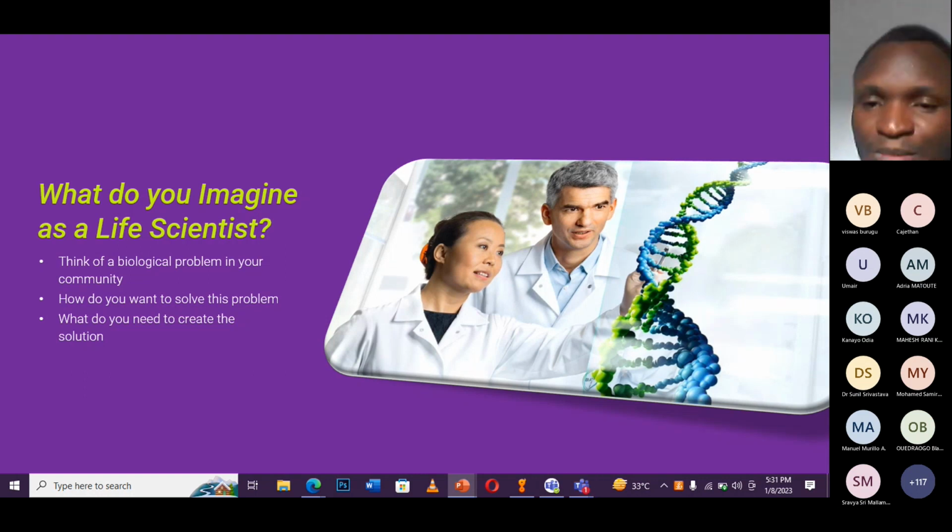For instance, let's talk about the COVID-19 pandemic. As a life scientist, the problem is the pandemic, COVID-19, right? The second thing is, how do you want to solve this pandemic?